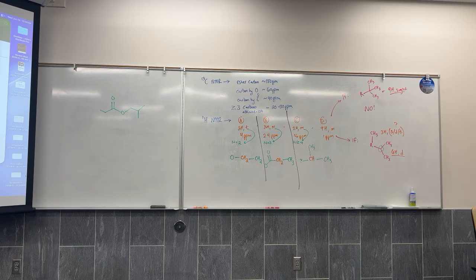So why don't we try doing this? We've got this triplet at 4.1. I'm going to try and use the search function that SDBS has that allows me to take a proton NMR around 4.1.